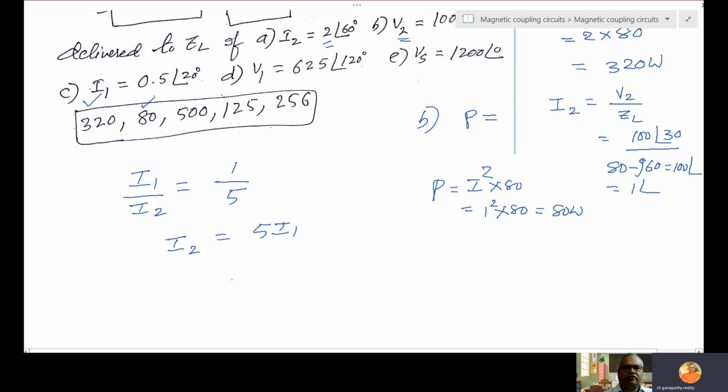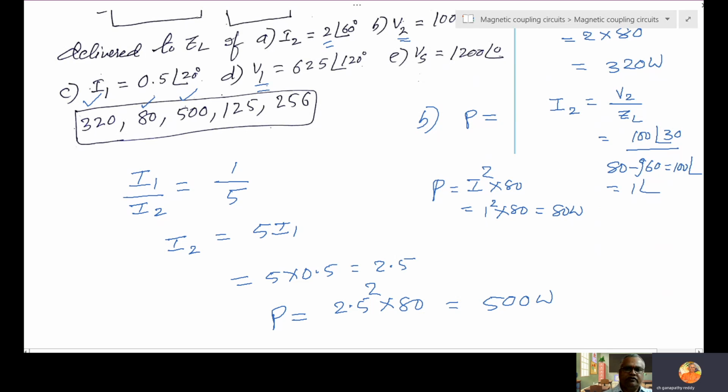I1 given is 0.5, so 5 into 0.5 is 2.5. We want the power, so 2.5 square into 80. Simplify, you will get 500 watts.